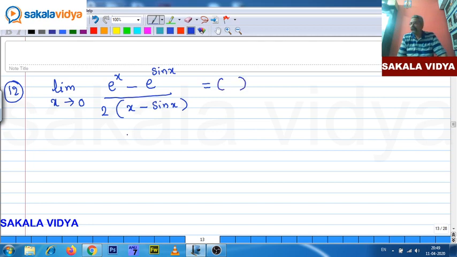First option minus 1 by 2, second option is 1 by 2, third option 1, fourth option 3 by 2. This is the question.